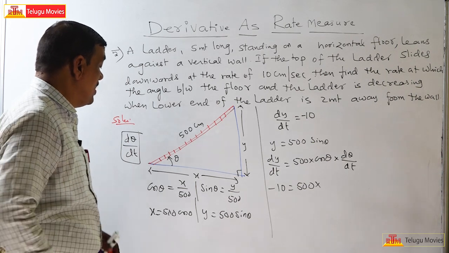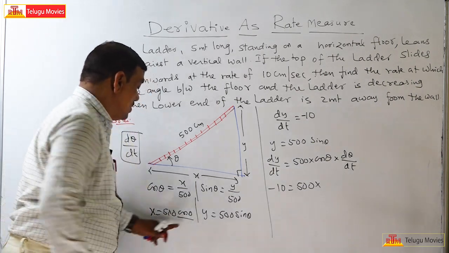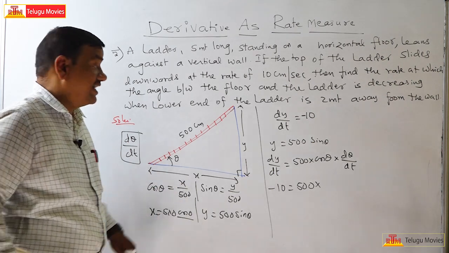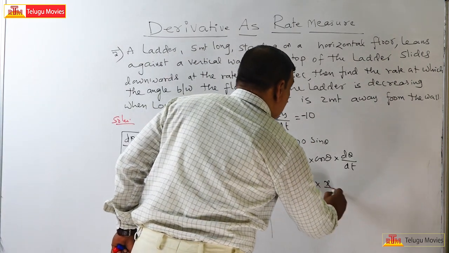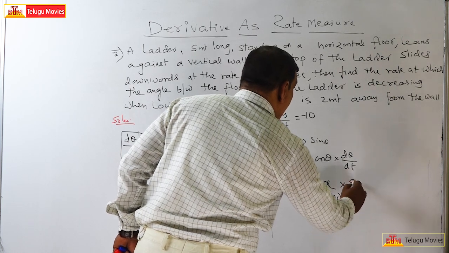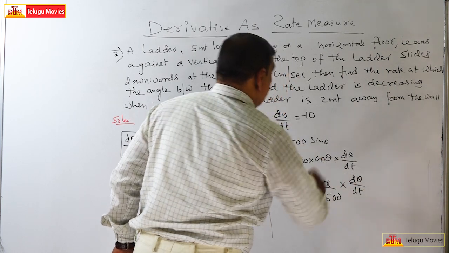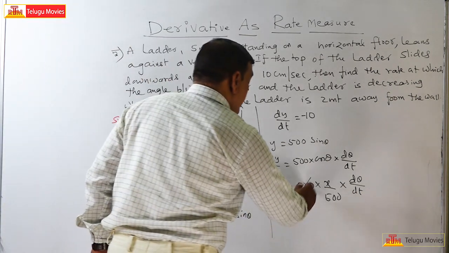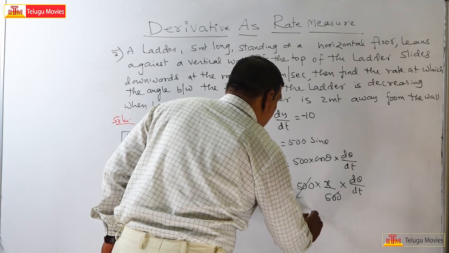So cos theta is equal to how much? Cos theta is equal to x by 500. So x by 500 into d theta by dt. Again, see here, x by 500, 500 will cancel. Minus 10 is equal to x.